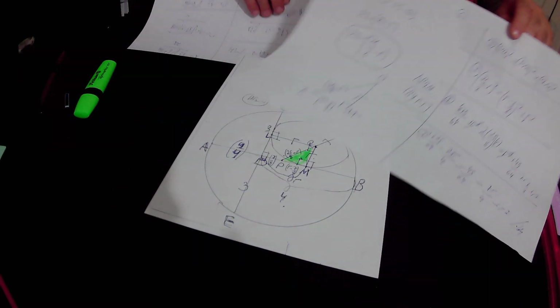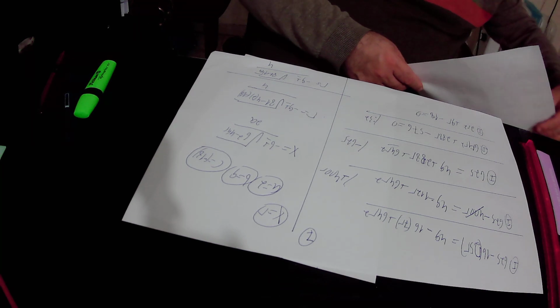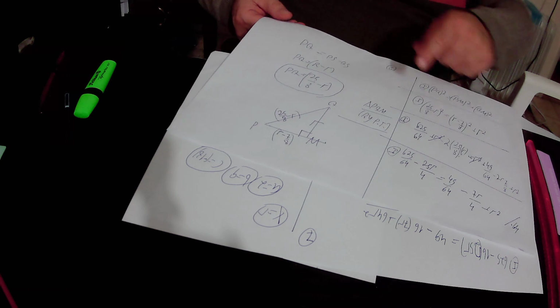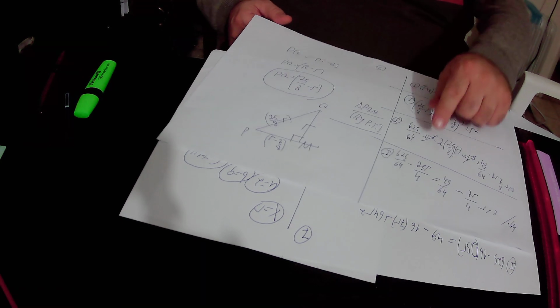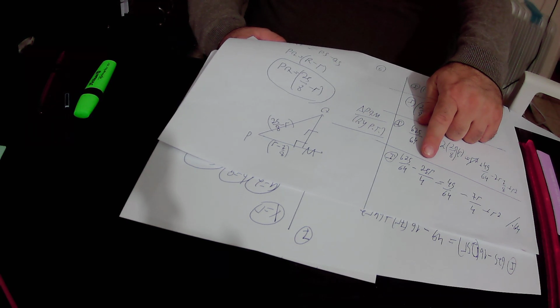And we found out that here 625 times 64 is 625. And here we have minus 64 over 4, which is minus 16.